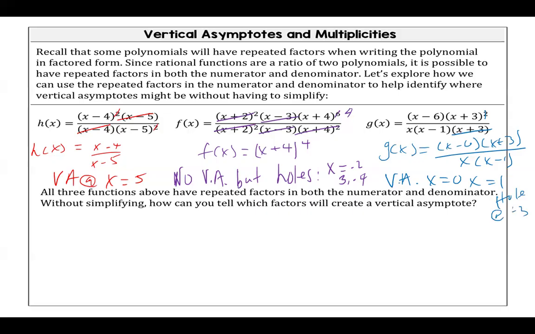There is a hole at negative 3. There is a hole because we canceled out on the denominator. Lo siento. No. Wait, hold on. I'm confusing myself. Yes. All right. Sorry for that.